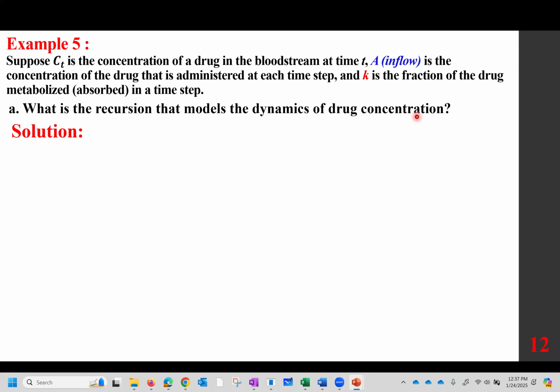So first of all, class, generally speaking, we use N, X, Y, Z. So N of t plus 1, that means the next one, is the previous one, N of t, plus inflow minus outflow. So I hope it's clear to everybody. And of course, we're going to change the N to C in both cases. What this indicates is this.